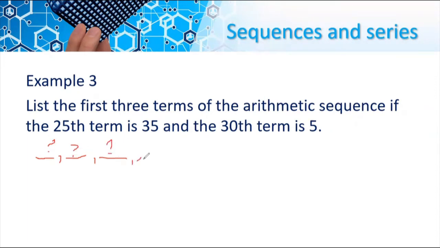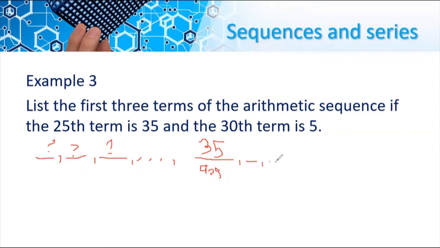Ang sabi, yung pang 25 na term ay 35. Pang 25 to ha. So lumalabas na siya yung A sub 25. Tapos naputol uli. Wala nang A sub 26.